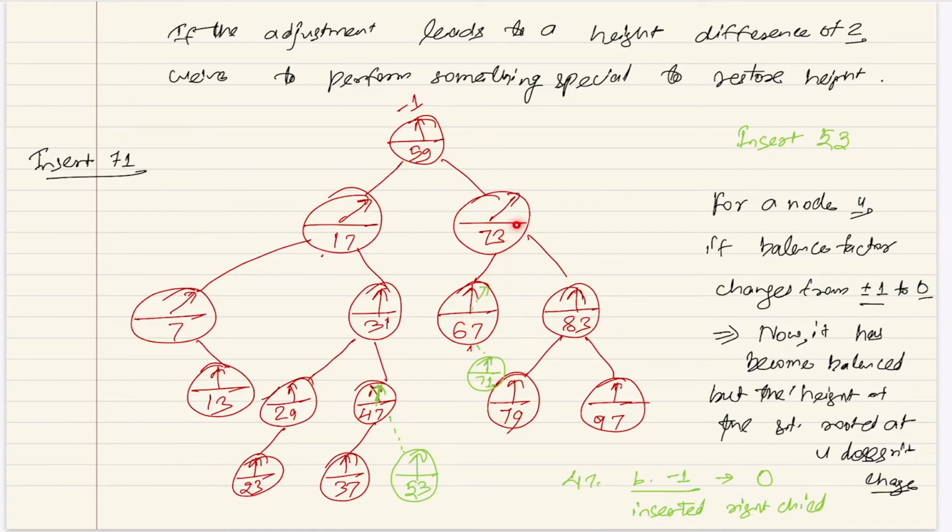So its balance factor will decrease by 1. The left subtree has gained height, so its balance factor will decrease by 1. So now I will change it to 0. But now I know this balance factor has gone from +1 to 0.